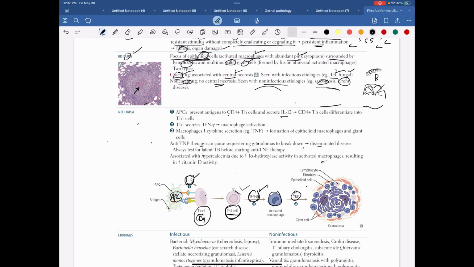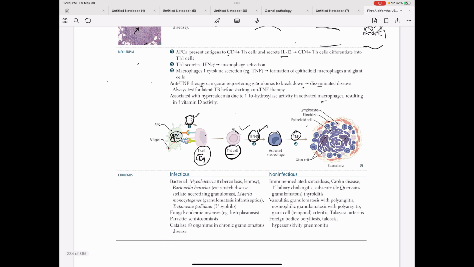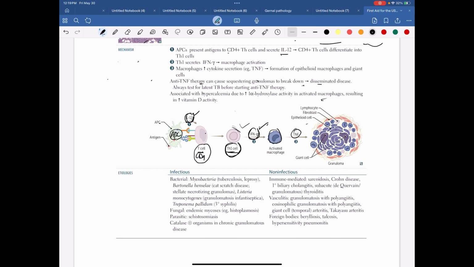Then after that, we have here the examples of infectious and non-infectious causes of granuloma formation. First of all, the infectious causes: if you have an infection of Mycobacterium tuberculosis or Mycobacterium leprae, you will get the granuloma. If you have Bartonella henselae, which causes cat scratch disease, it leads to formation of stellate necrotizing granuloma.